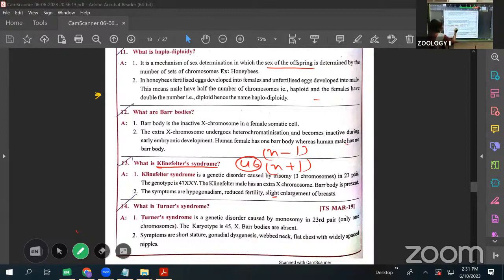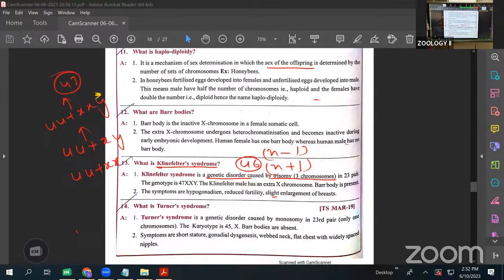Klinefelter syndrome is a genetic disorder caused by a trisomy of the chromosomes. Normally males have 44 plus XY chromosomes and females have 44 plus XX. Here, in the male, one extra X chromosome is there, so the total is 47 chromosomes.